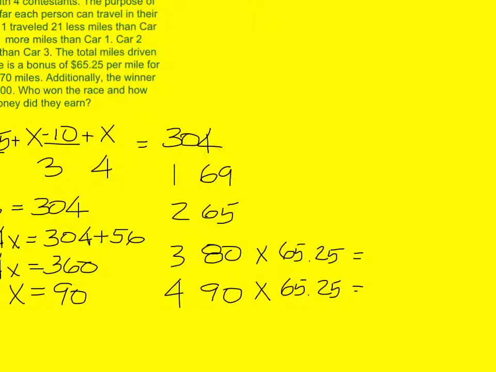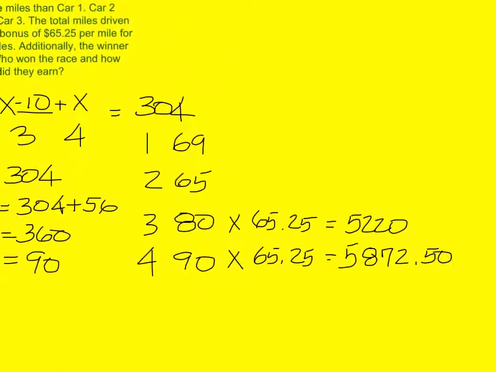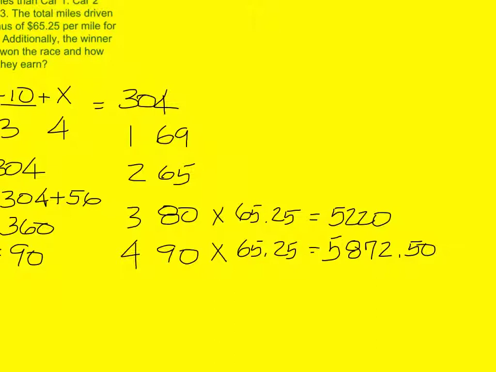Alright, 80 times 65.25 is going to be 5,220, and 90 times 65.25 is 5,872.50. Now back over here for the problem. The winner of the race gets $2,000. Who won the race?